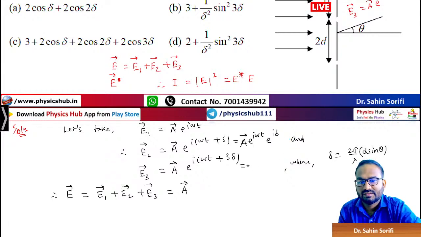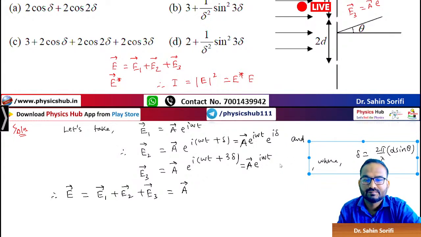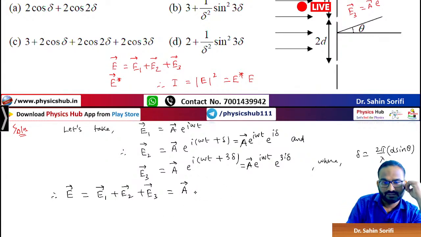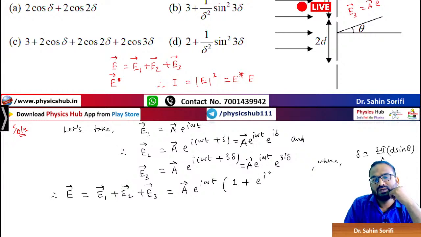And in a similar manner, we can write A e to the power i omega t. So let's take out the common factor and keep the remaining portion. This is e to the power thrice i delta. So if you take A e to the power i omega t common, what you get? You get 1 plus e to the power i delta plus e to the power 3i delta.